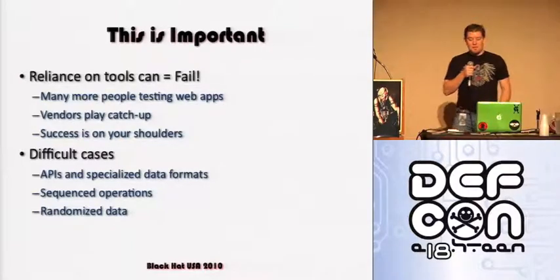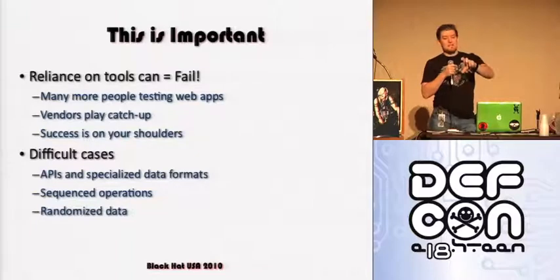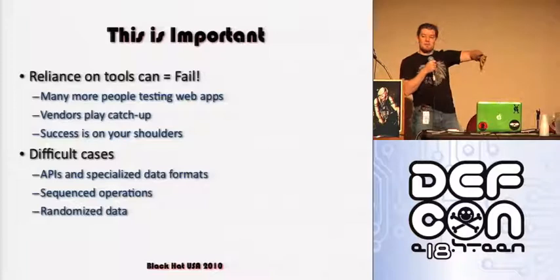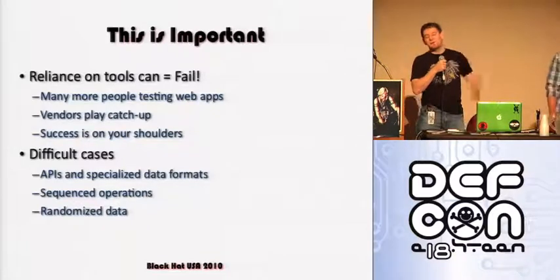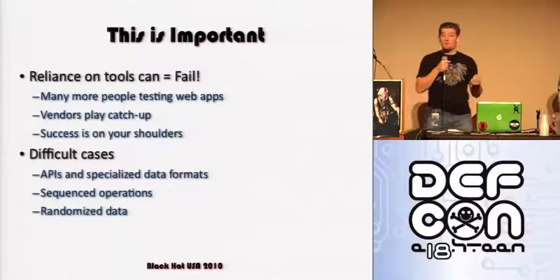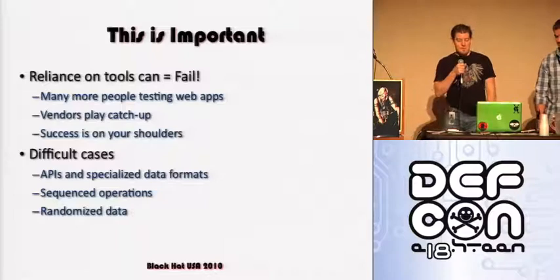If a sequence of steps needs to happen prior to a test case, standard tools sometimes fall flat on their face. With randomized data, if every time a page lays out, the data behind the menu options is randomized, there's pretty much no standard testing tool out there that will help you. And that's why you need to write your own tools.